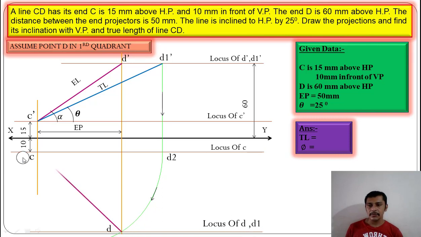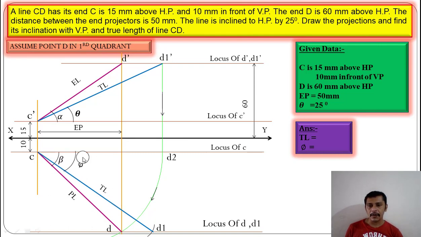Now connecting D to C will be our plan length, and the angle of the plan length will be the angle beta. Now measure this true length with the rounder, put your rounder on C and give an arc on the locus of D. So we will get D1 over here, at the intersection of this arc and the locus of D. Now connecting D1 to C will be our true length, and the angle of the true length will be phi.